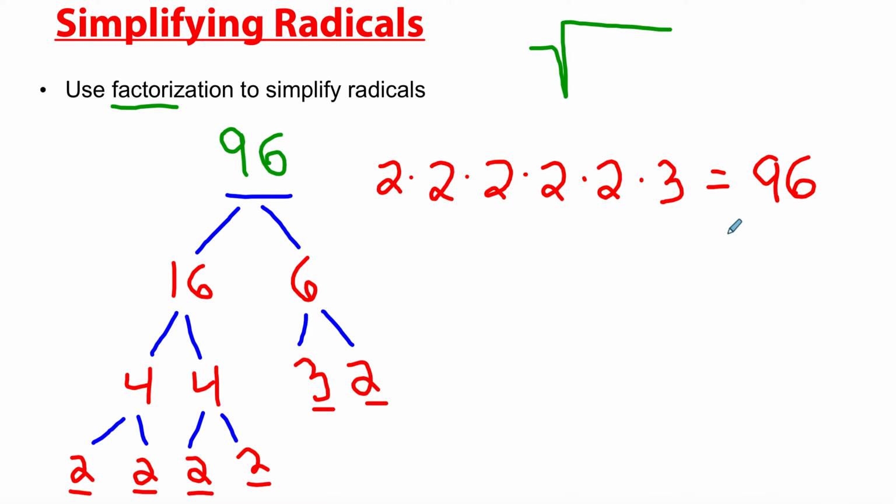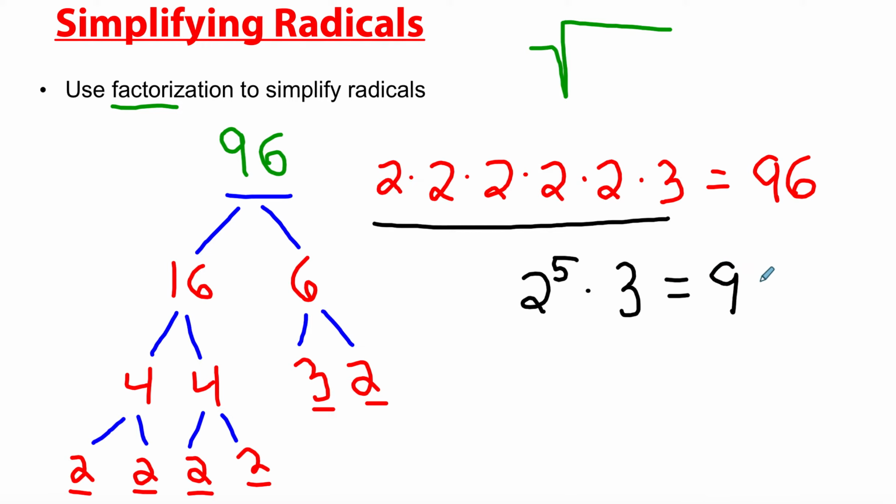So that is called a prime factorization of 96, getting all of these numbers in their simplest form. And of course, as we learned in the last couple of lessons, anytime I do repeated multiplication, that's why we have exponents. So 2 multiplied 5 times is the same as writing 2 to the 5th times 3, and that equals 96.